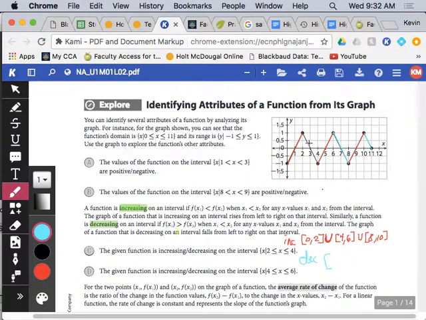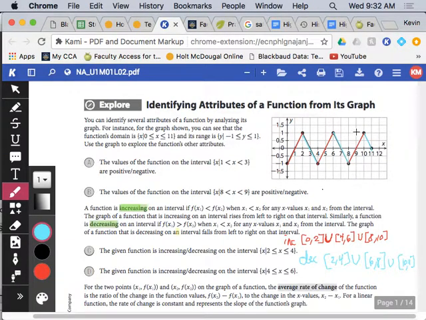The first interval that it's decreasing, yes ma'am? 2 to 4. Good job. And the next interval, anybody? Yes ma'am? Go. 6 to 8. Good job. And the next interval, yes ma'am? 10 to 11.